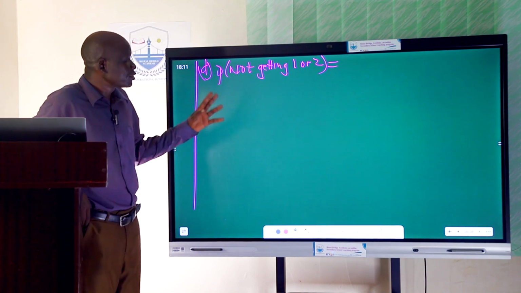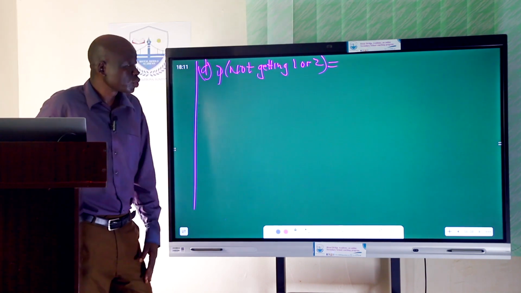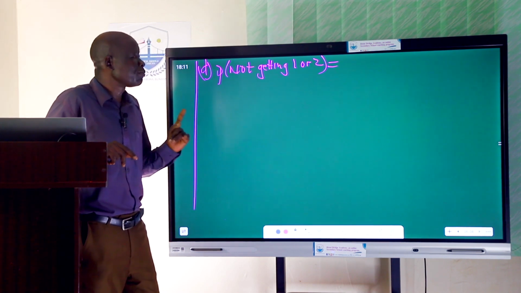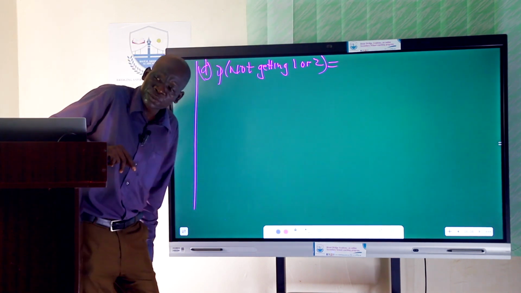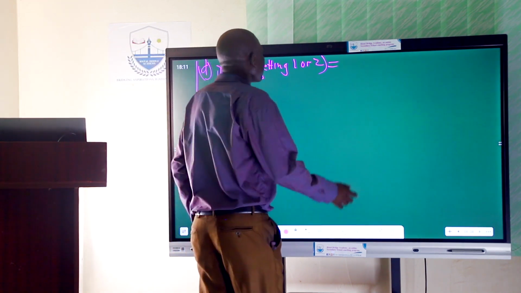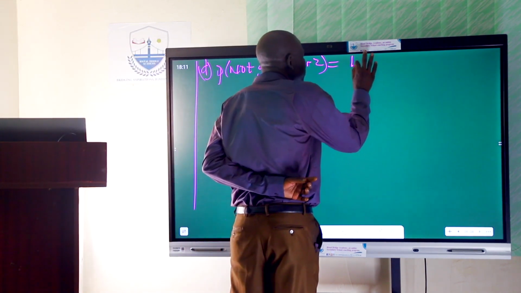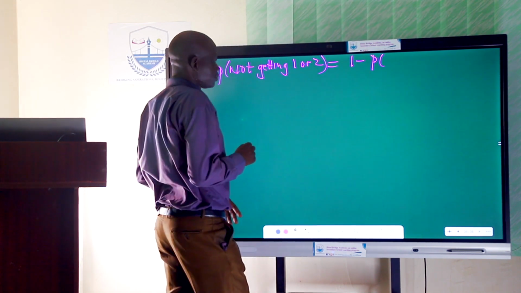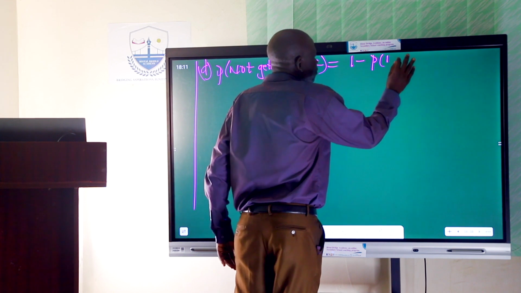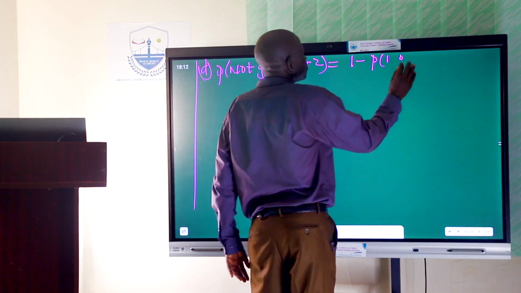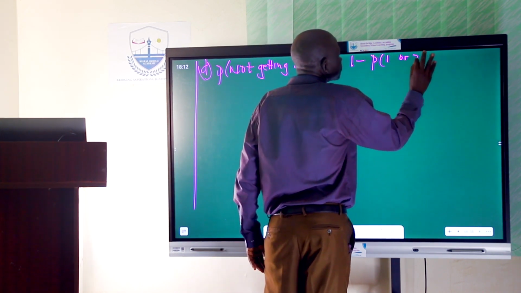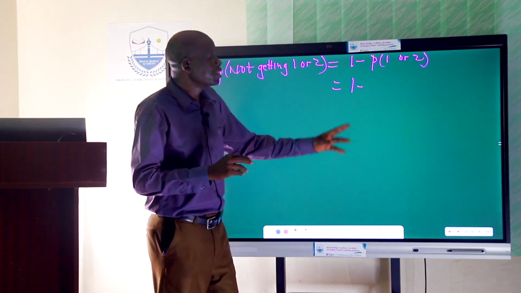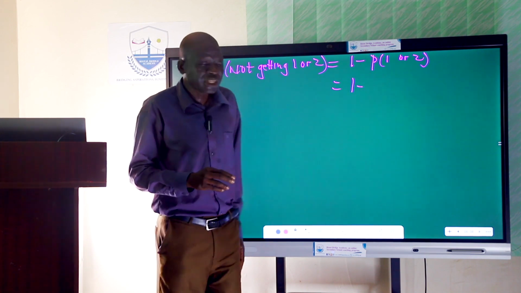So the probability of not getting 1 or 2 is equal to 1 minus the probability of getting a 1 or 2, which is a third.